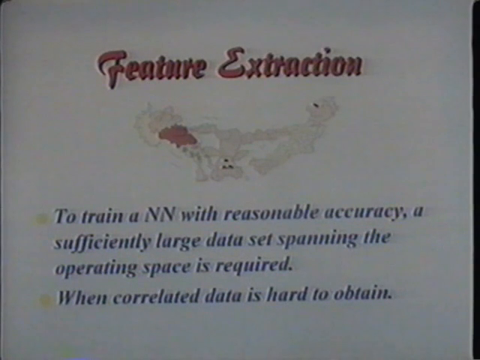So what you would like to do is train a neural network with reasonable accuracy. If you want to do that, then it is obvious that you need a sufficiently large data set that spans the operating space. You should have that, and those data should be highly correlated with the output.